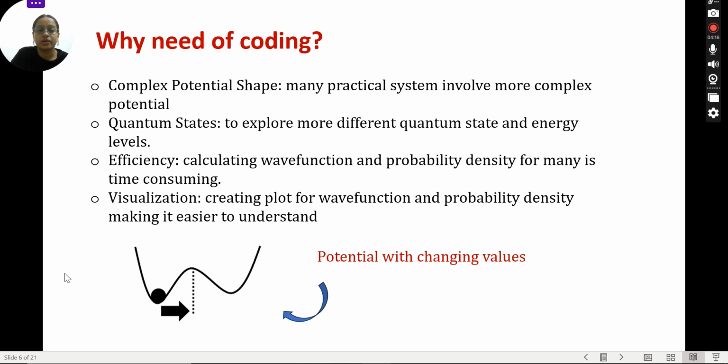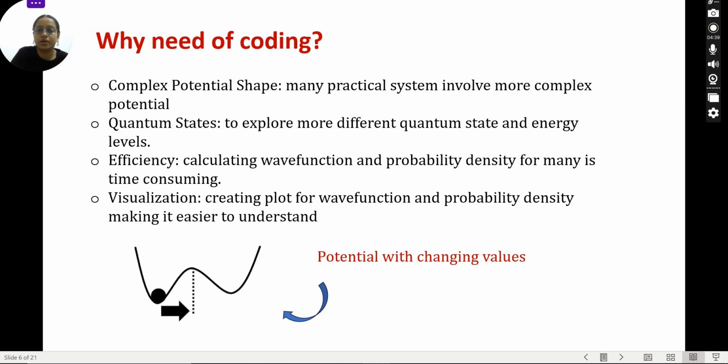The second thing is quantum states, to explore different energy states. We know that in quantum mechanics energies are not continuous, they are discrete. So to study different energy states, we will need the help of coding, because we cannot practically calculate for the various states.